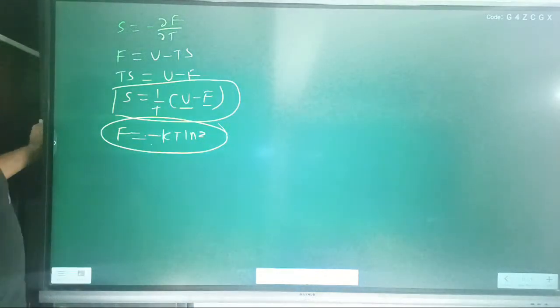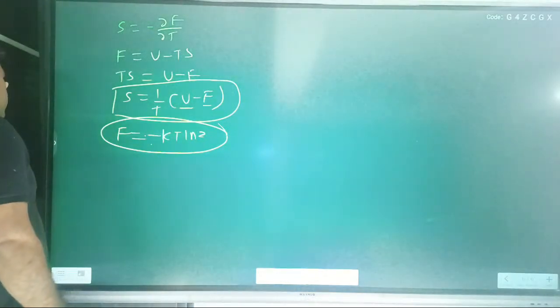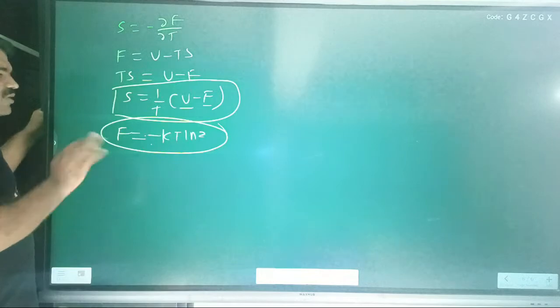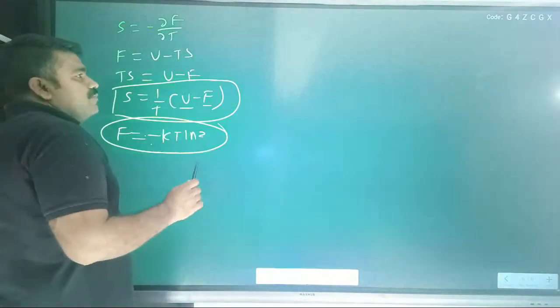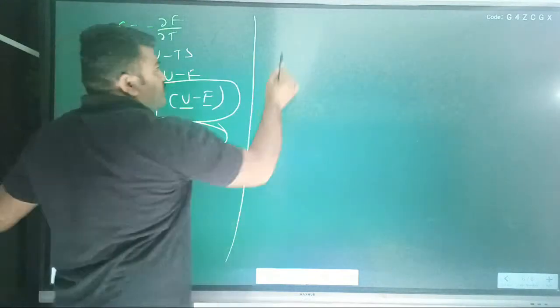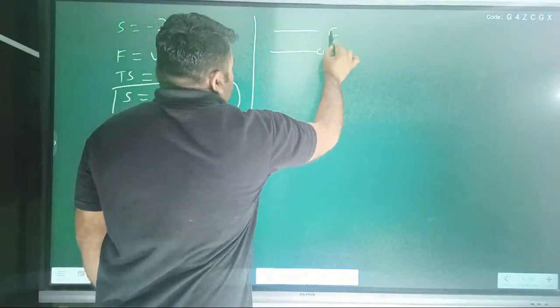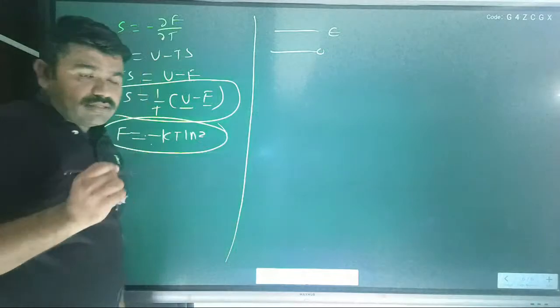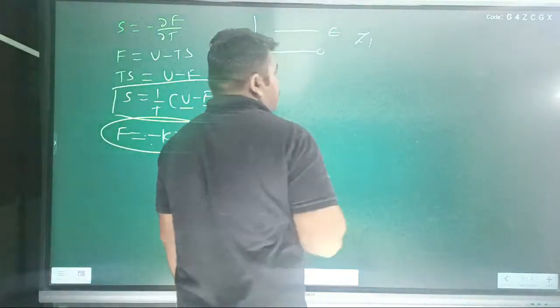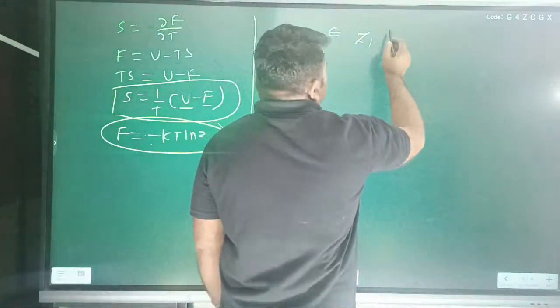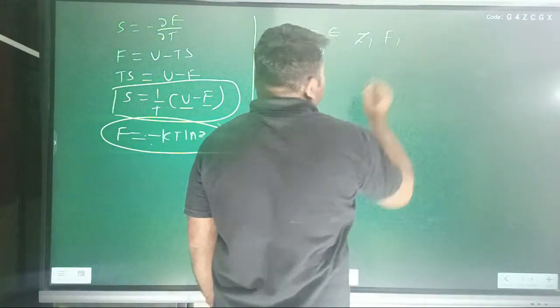Now, the second one. In any exam, don't worry about this one, but in exams the system is given like that, with energy levels 0 and epsilon. They ask general questions: find out the partition function of the system. Next they ask what is the Helmholtz free energy of the system.